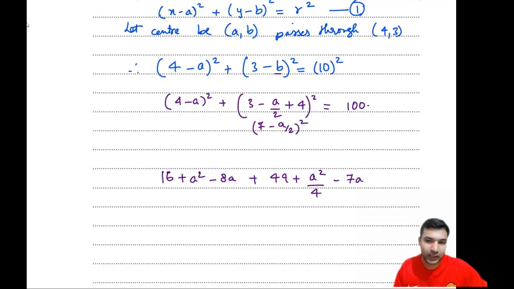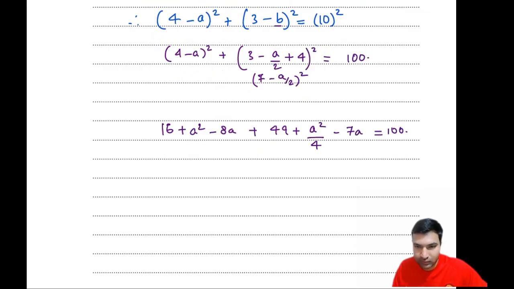The 2 and 2 cancel out, so 7a with a negative sign, equal to 100. Perfect. Now, adding the like terms, we get a squared plus a squared over 4. 49 plus 16 is 65. And then negative 8a and negative 7a becomes negative 15a. This becomes plus 65 equal to 100.